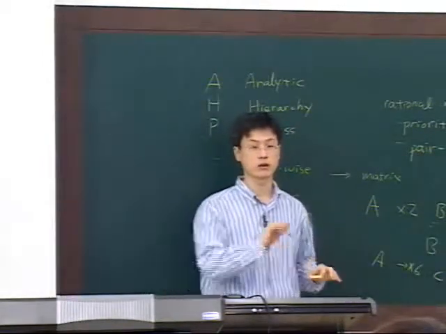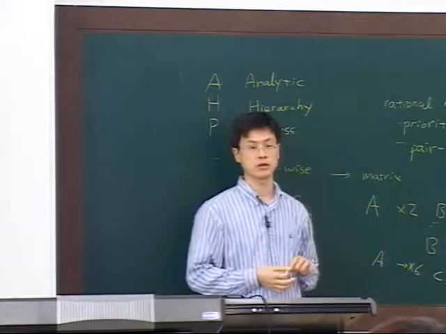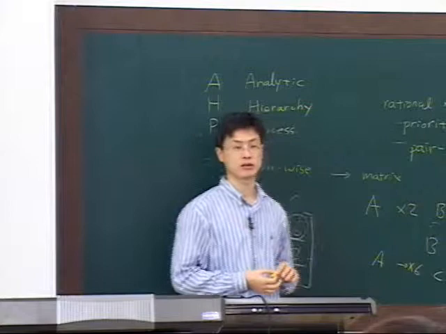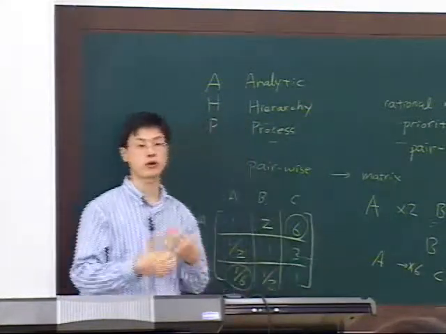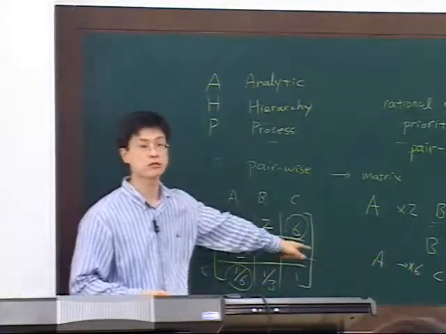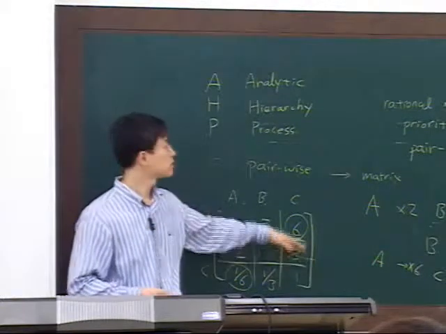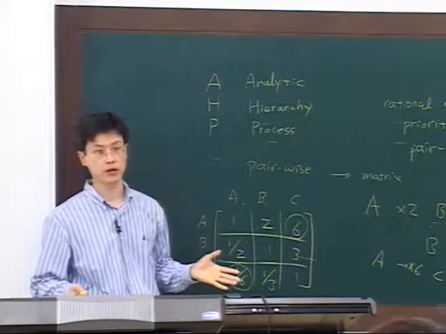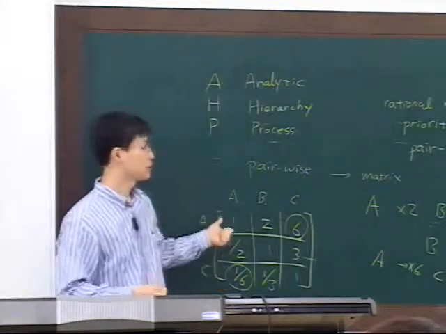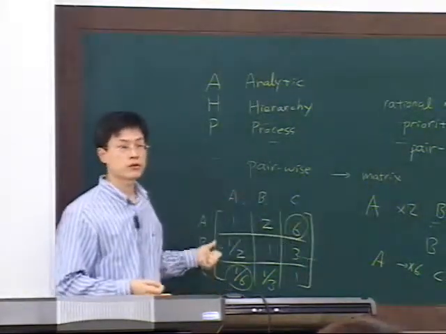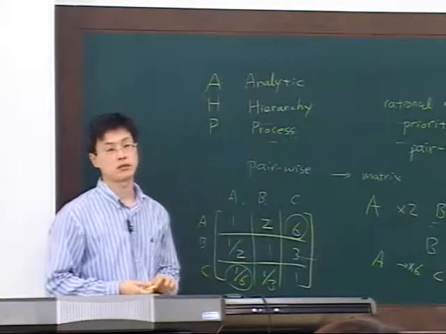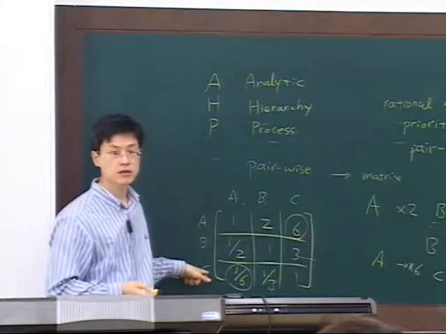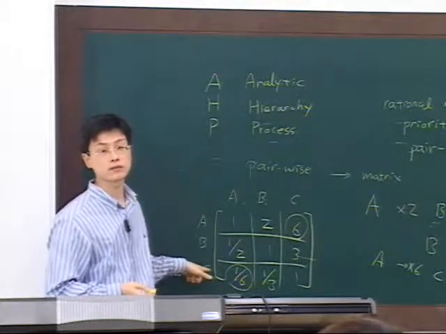Those kinds of results could come because we are only human. But if that kind of contradicting information comes into this matrix, then this AHP will not work correctly. So before going on based on this matrix, we need to check if this matrix is logically consistent.